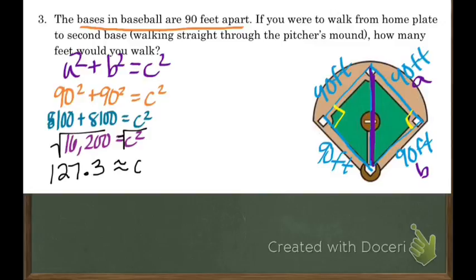When I took the square root of 16,200 in my calculator, I got 127.279 and a few other numbers behind it. The 7 makes the 2 round up to a 3. So I would say that the distance between home plate and second base is 127.3 feet.